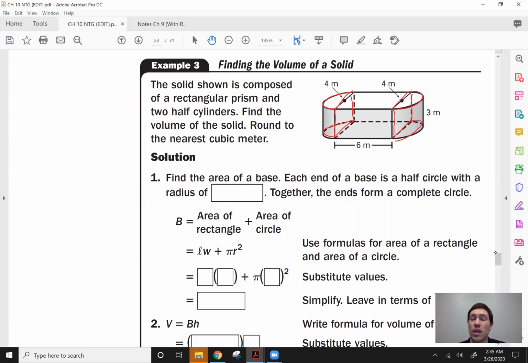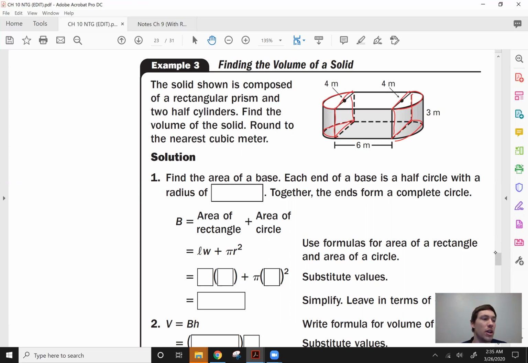Well, the good news is I know how to find the volume of a whole cylinder. So this is just a half of one right here. And this is another half of one here. And so together they make a whole one.